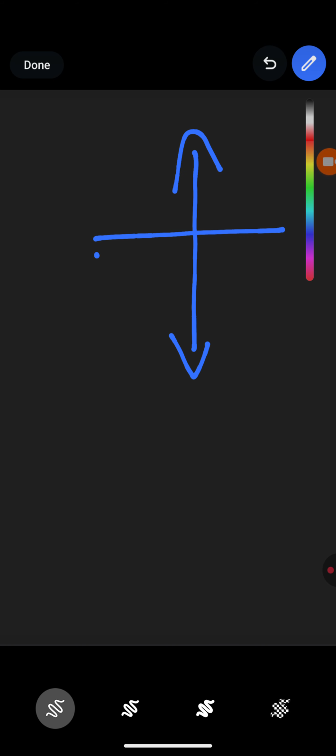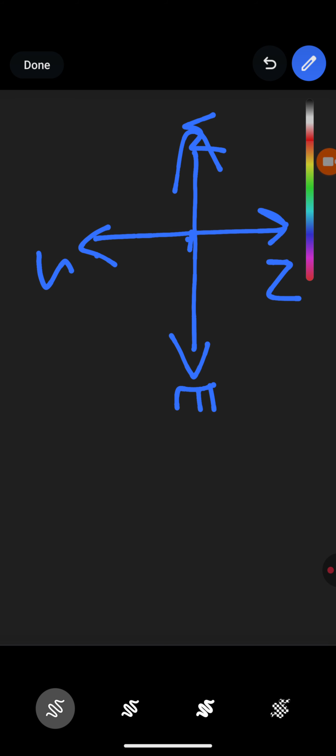Now on bearing, there's also one more information that is key. Bearing, we use a compass, like this. Each of these is called an arm of a compass.